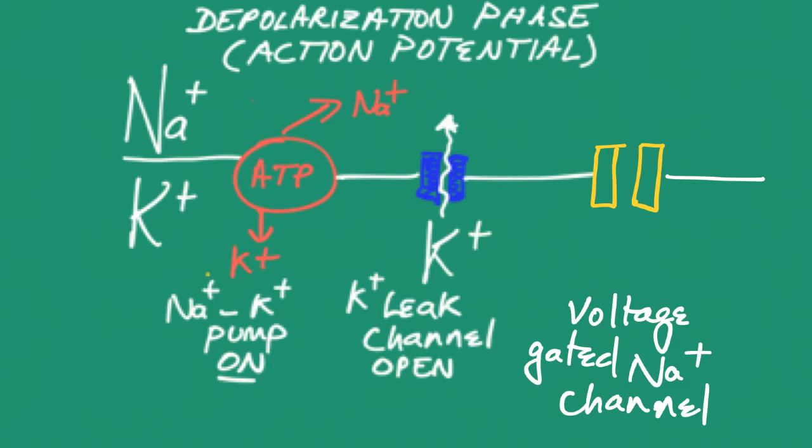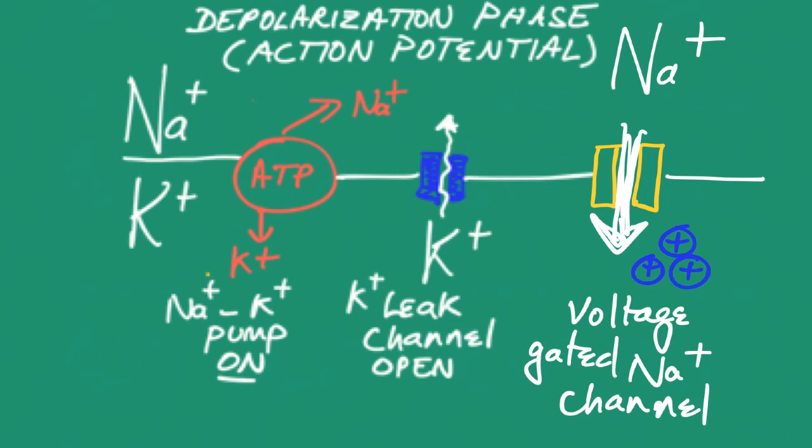So when these channels open, sodium that has been accumulating on the outside rushes in and brings with it a whole bunch of positive charges. So when positive charges arrive inside, the voltage goes up from minus 70. It goes up first to 0 millivolts, and then finally it reaches all the way up to even 20 millivolts. We call this stage the depolarization phase of the action potential.